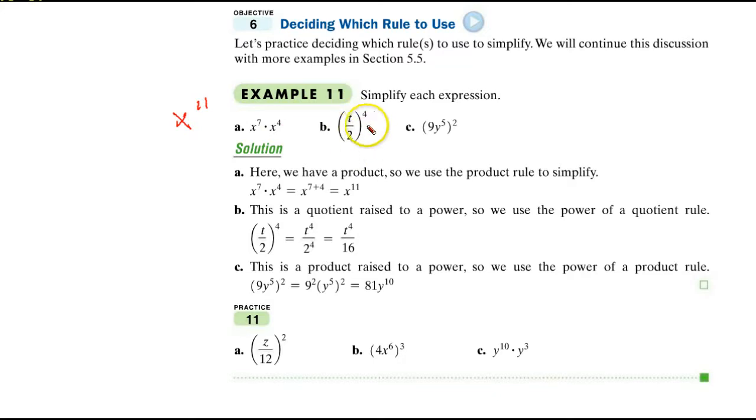Here we're going to raise to the 4th, t to the 4th, and then 2 to the 4th happens to be 16. And then here now we're going to square the 9 and get 81, y to the 10th. Here we're multiplying. And they did all of these, so we're good. And that's where your practice and then your quiz bee is used.